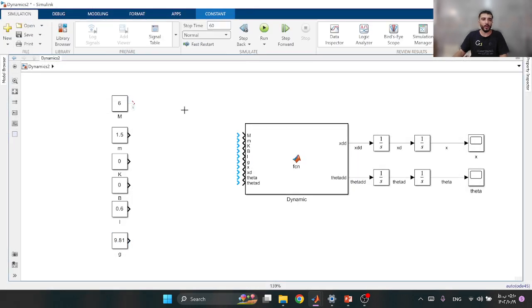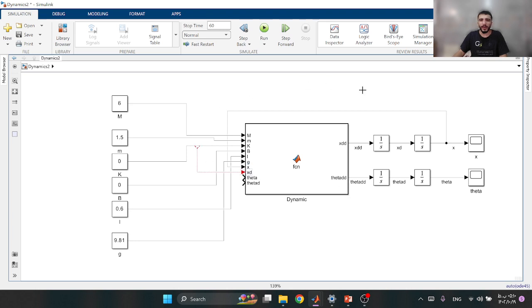And now we can connect the signals here. X is here, x dot is here, theta is here, and theta dot is here.